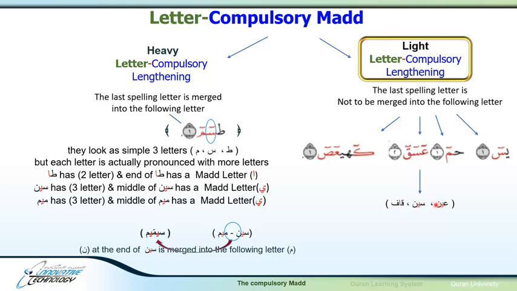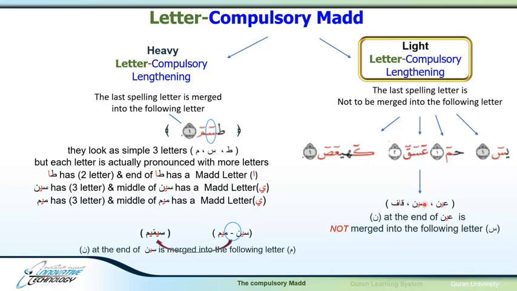The noon is not merged in the sin. The noon here is not merged in the qaf. And since there is no merging, we call this light letter compulsory lengthening. So the noon at the end of the ayn is not merged into the following sin.